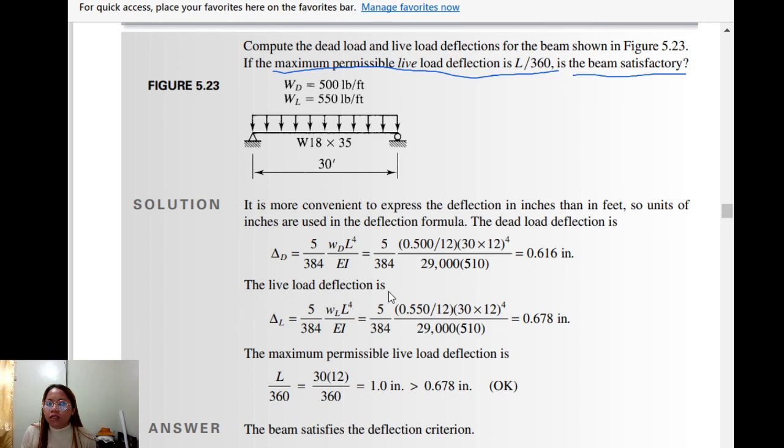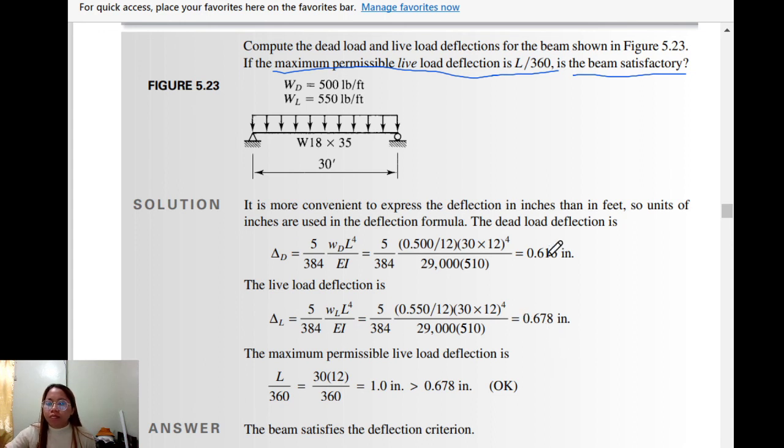For the live load deflection, you just have to substitute the value of the given live load, that is 550 pounds per foot, divided by 12 to convert to inches. The answer is 0.678 inch.